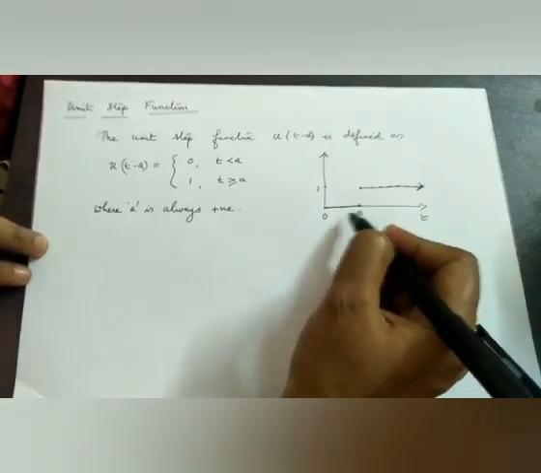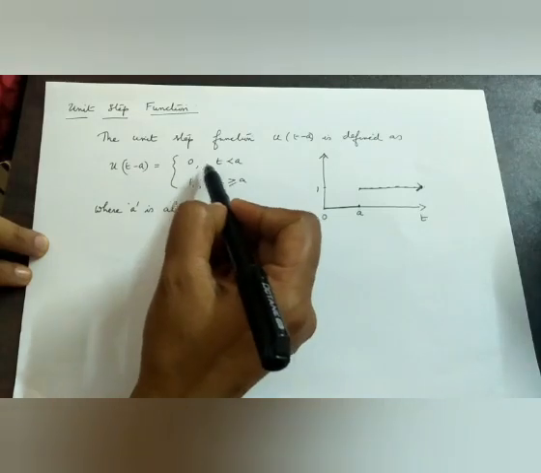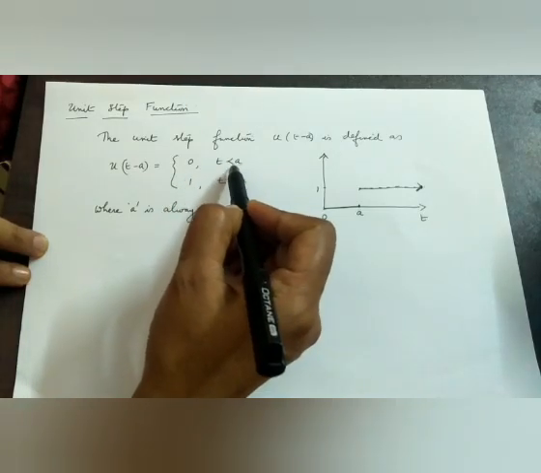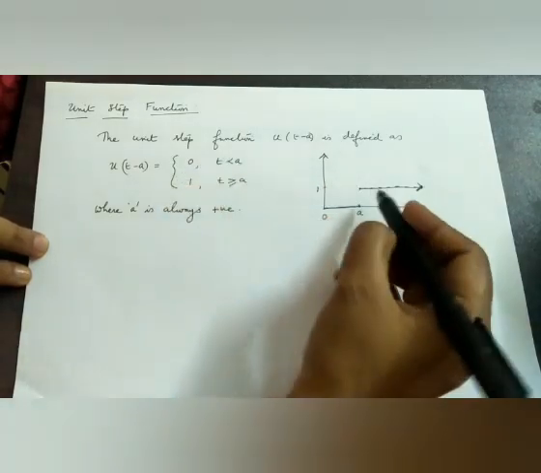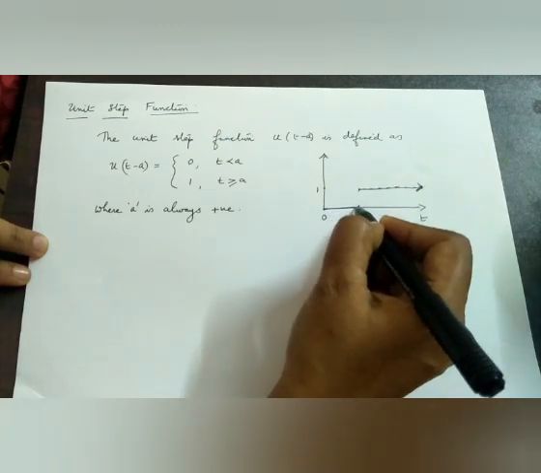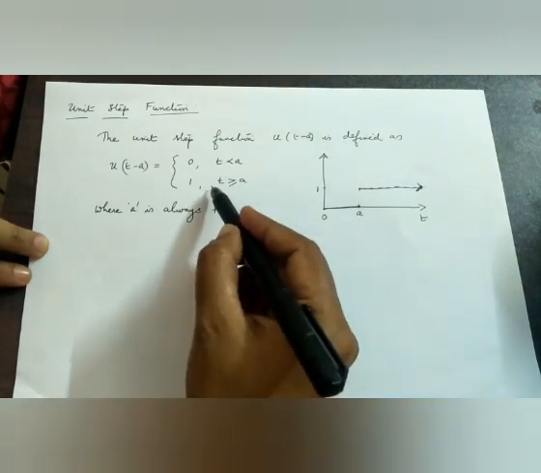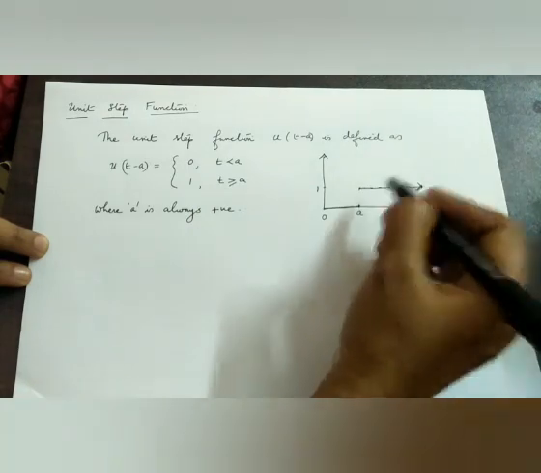From 0 to a the value of the function is 0, and from a to infinity the value of the function is 1.